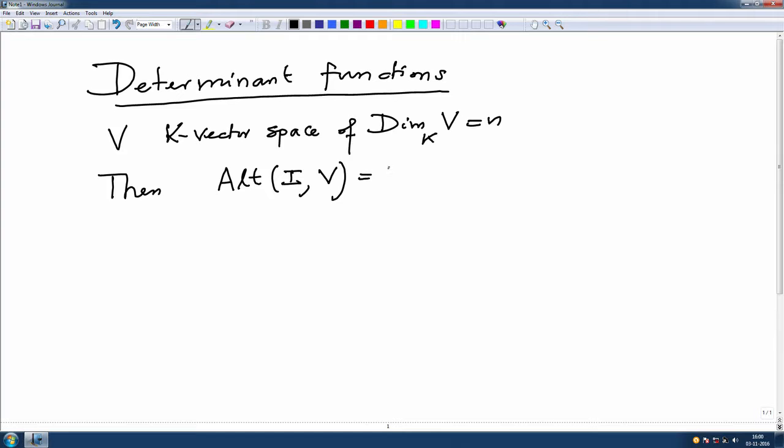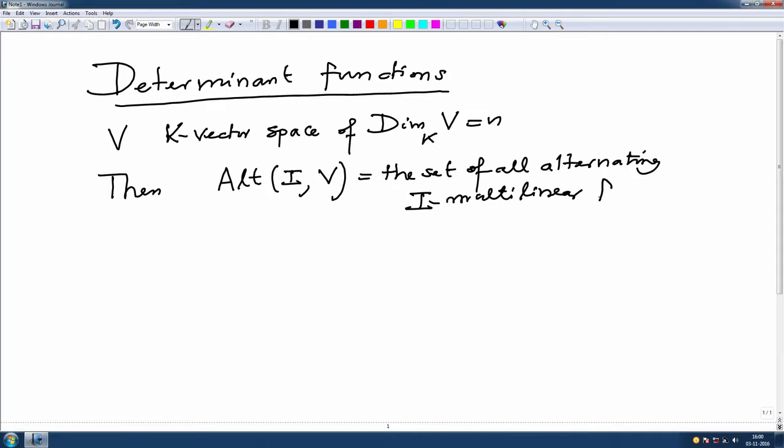This is the set of all alternating I multilinear forms. This is interesting.